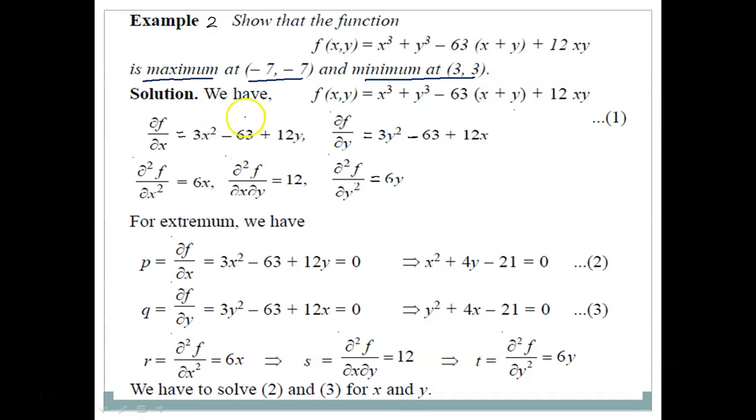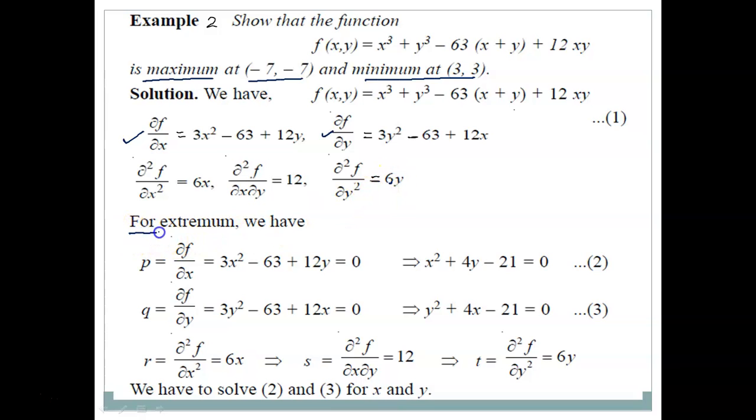So here f of (x, y) is this thing, that is equation 1. We find the first order derivatives del f over del x and del f over del y. Then we find the second order derivatives: del square f over del x square, del square f over del x del y equal to 12, and del square f over del y square equal to 6y.